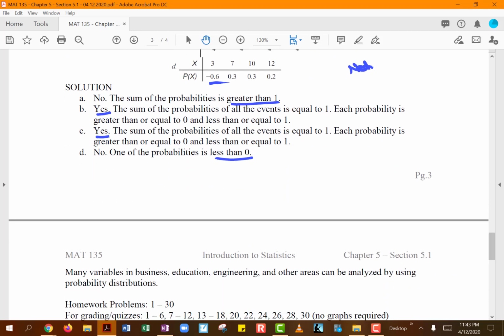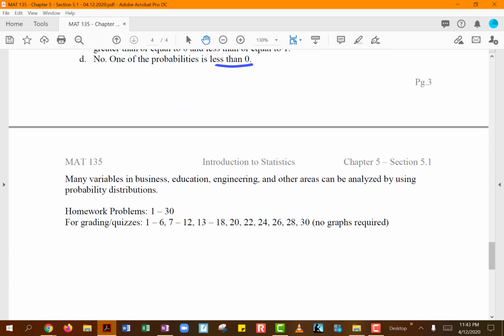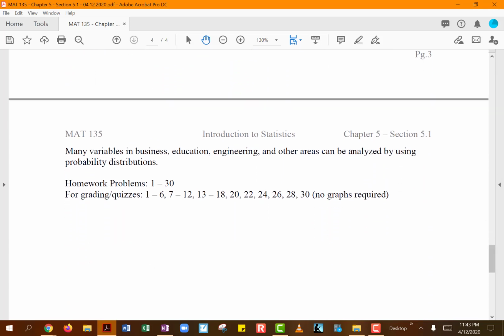So just a brief introduction into what probability distributions are, and we're looking into discrete random variables for these probability distributions. And of course you can see that these variables can be used in applications for business, education, engineering, and honestly a whole bunch of other examples where we can use these probabilities.